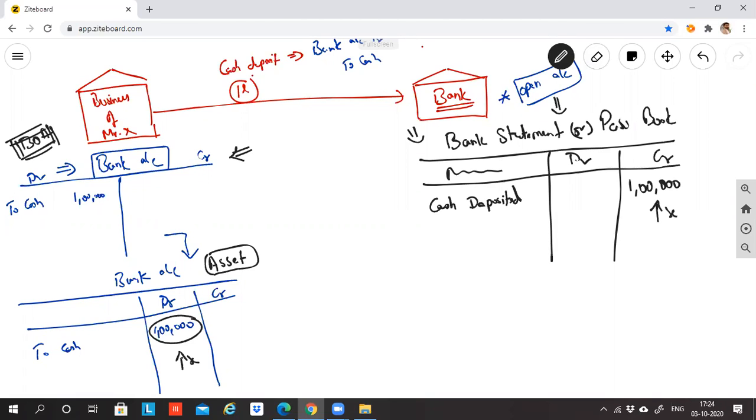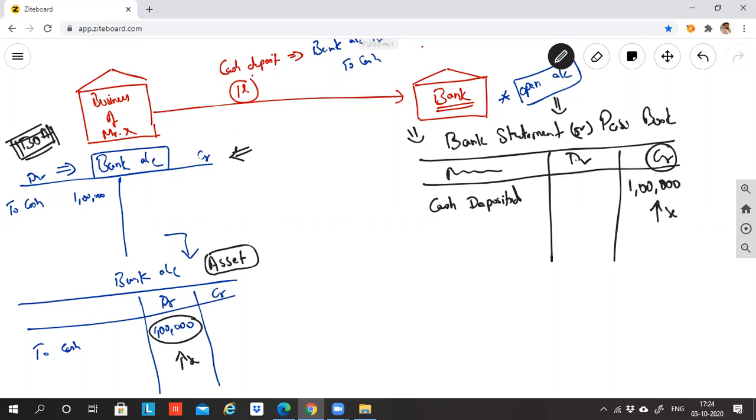So this 1 lakh rupees I'm recording on the credit side, because this 1 lakh rupees is the liability of the bank to pay the money back to you in future, or to whomever person you tell the bank to pay. If you say this 1 lakh rupees should be paid to some XYZ person, any person, and the bank is following your instruction, then the bank has to pay this money to somebody else also. In that case also it is a liability.